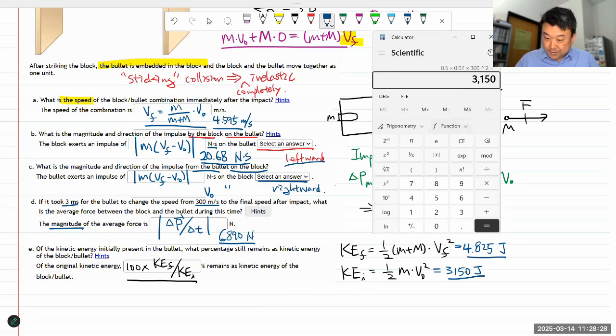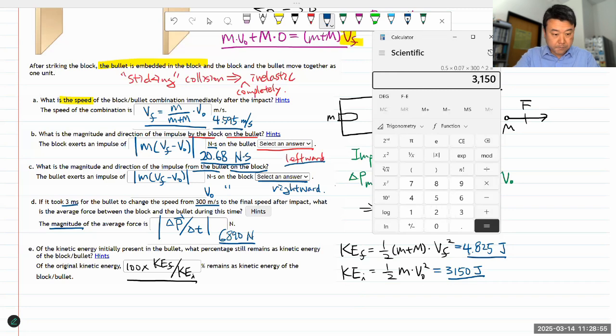It might surprise you just how big the discrepancy is, but I think it makes sense. If that block had been of infinite mass, it would have lost 100% of the energy and would have had 0% of the energy remaining. Now, the mass isn't infinitely large. It's only, I don't know, a little less than 100 times as large as the bullet. So I think this amount of energy loss makes sense.